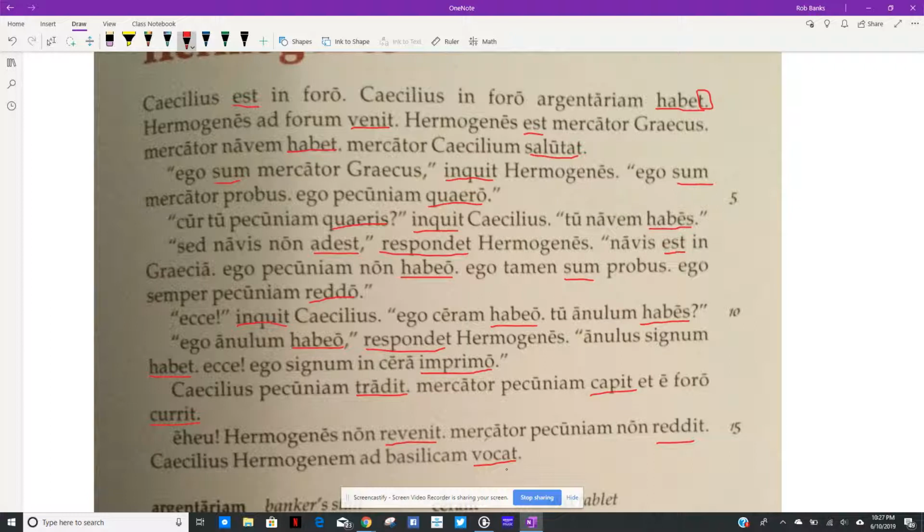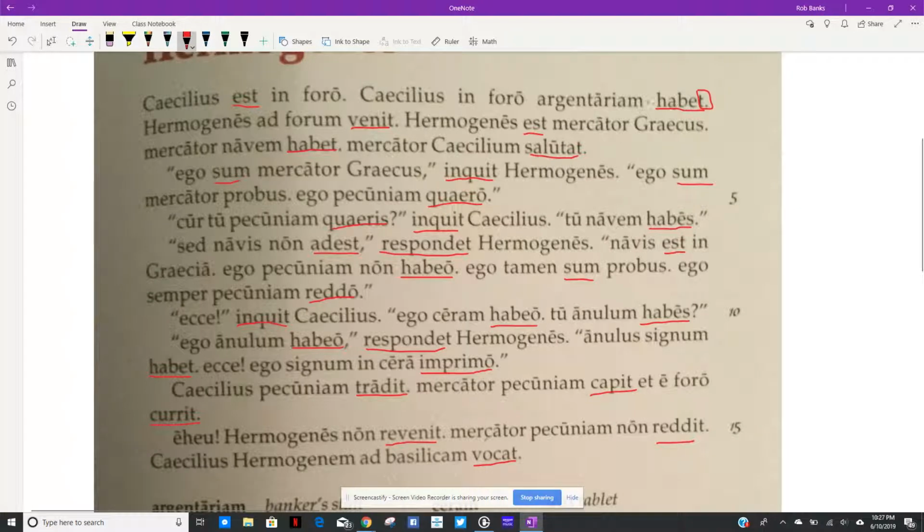All right. So the first sentence, Caecilius est in foro. So the verb is est, right? This is nothing new here. Caecilius is in the forum. Caecilius in foro argentarium habet. Again, nothing new. Subject first. Caecilius, it's our nominative, US, you'll recall. Habet has, and then everything else, in this case, a prepositional phrase and a direct object, are in the middle.